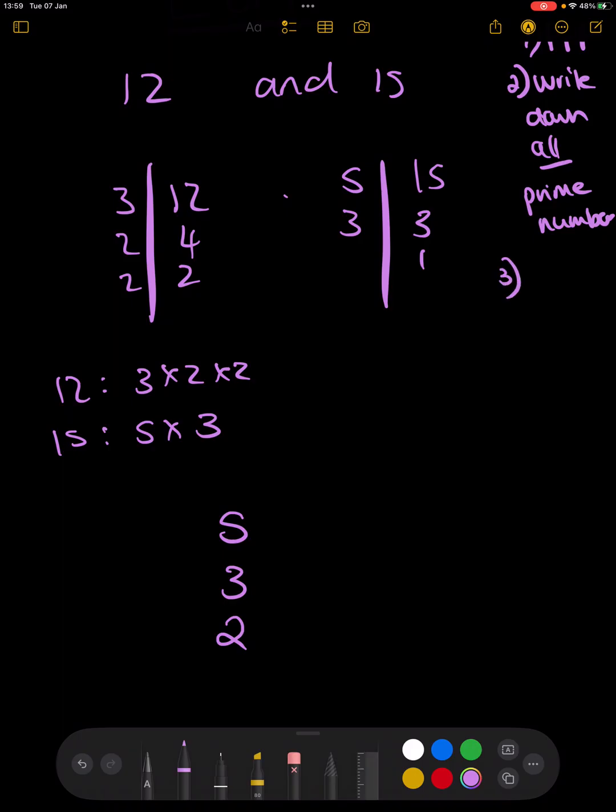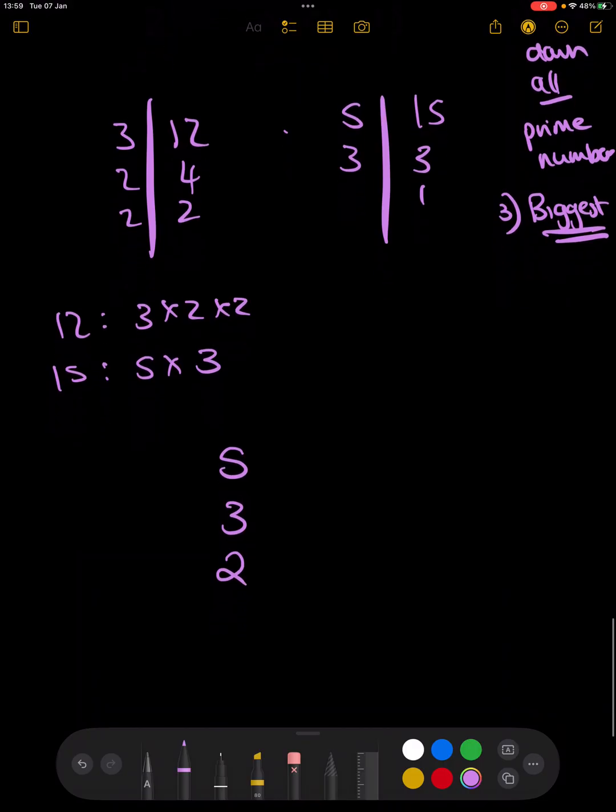And then my third step is to make the biggest groups. So I'm going to go look at the line that has the highest number of each of them. So this one is the only one that has a 5, and there's only one of them. So I'm going to keep that 1, 5. Both of them have got 1, 3, so the 3 is going to remain just a singular 3.